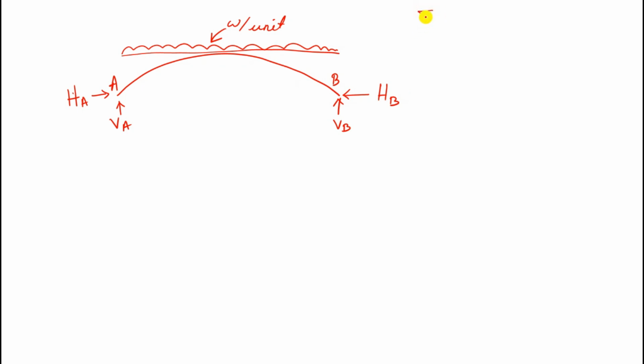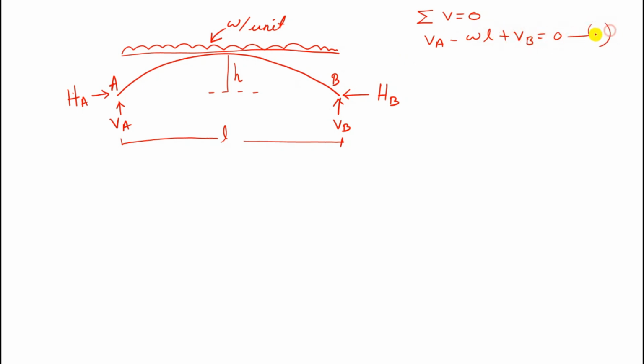Now calculate the vertical reaction, summation of V equals to 0. So VA minus W into total span length is L and the crown height is H. So VA minus W into L plus VB equals to 0 and summation moment equals to 0.